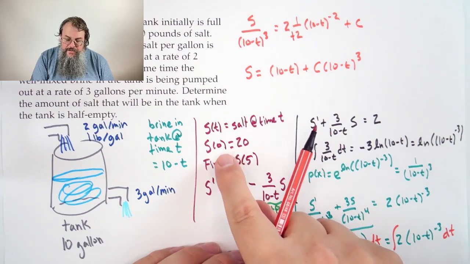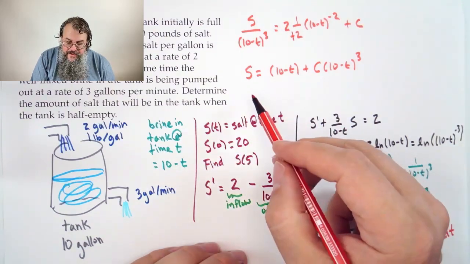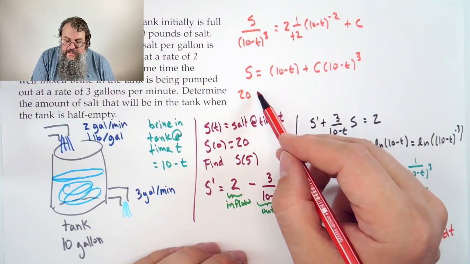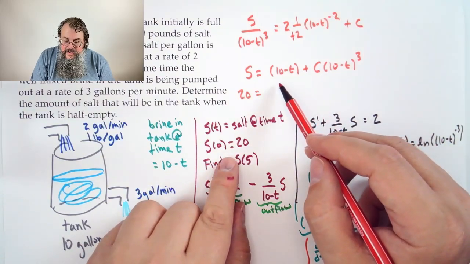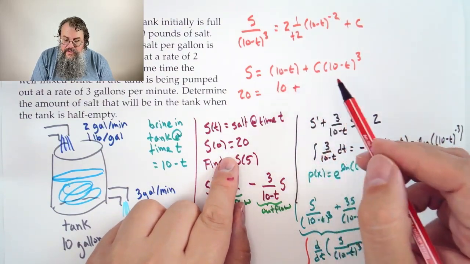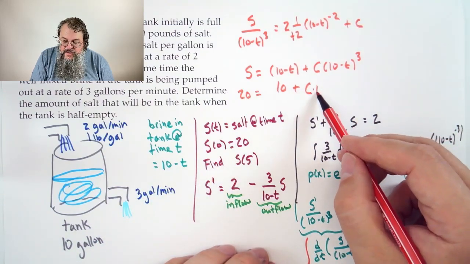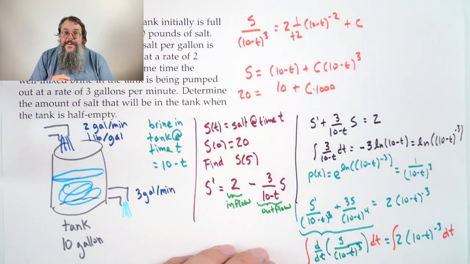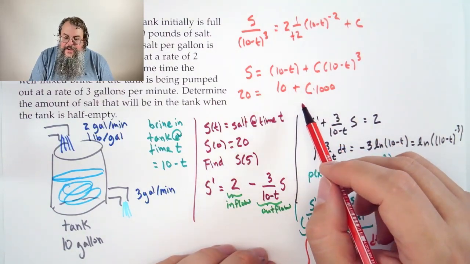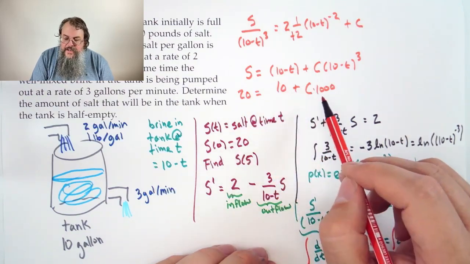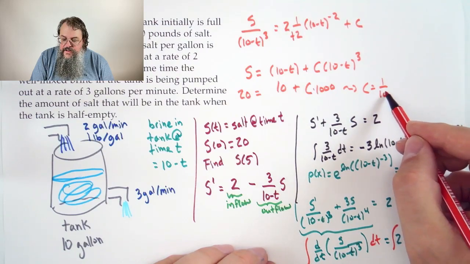We know at time 0, there's 20 pounds. So we have that 20 is equal to 10 plus, here we'll have c times 10 cubed, which is 1,000. Oh, that's a lot. Well, a little bit. And, okay, great. Well, you subtract 10, divide by 1,000. So c is equal to 1 over 100.